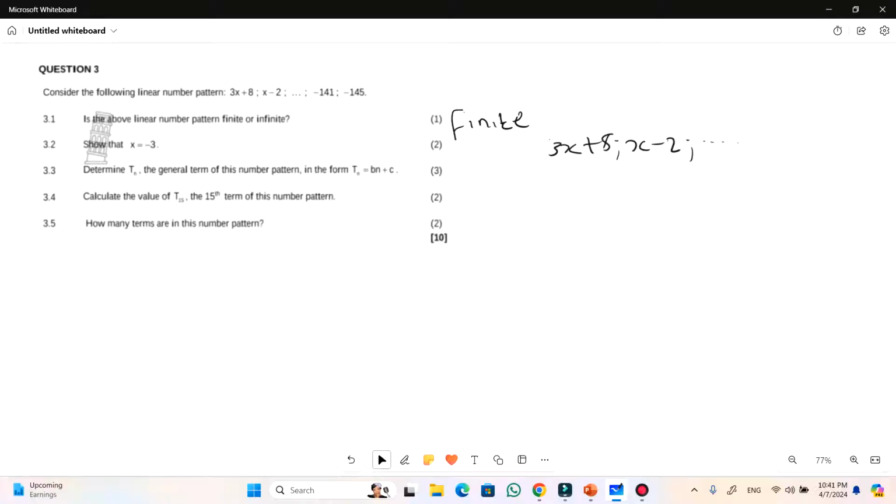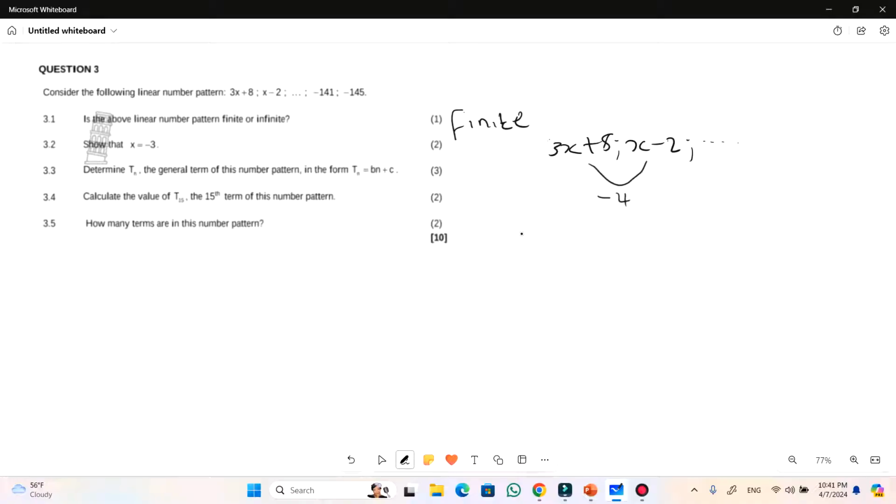You can just say your last term minus your second last term. So it's negative 145 minus negative 141. So you will get negative 4. Here you know that your difference is negative 4.